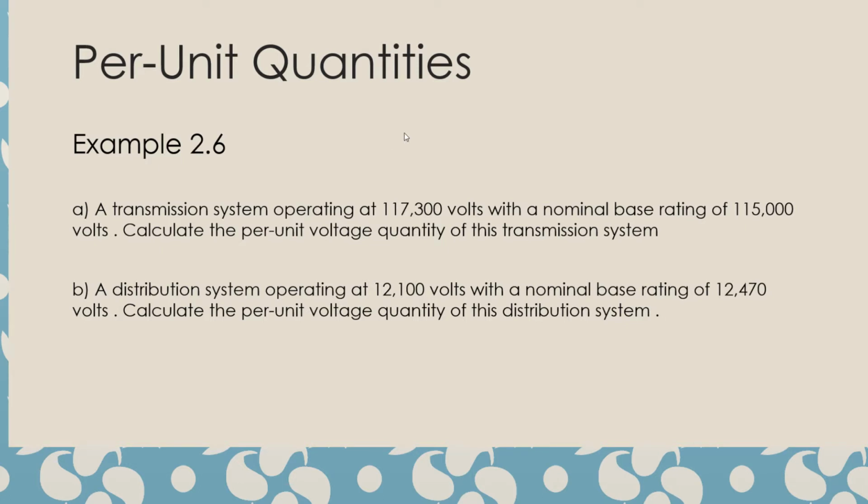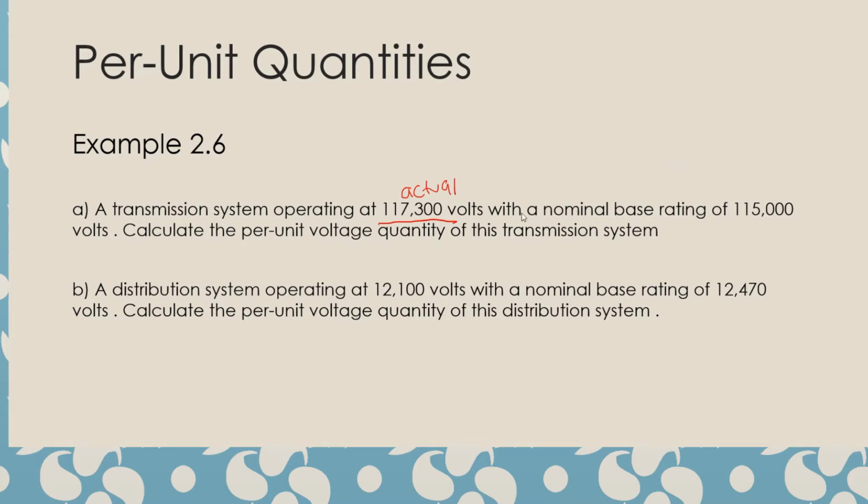Let's do example 2.6. For example, you have a transmission system operating at 117,300 volts. 117,300 is the actual.